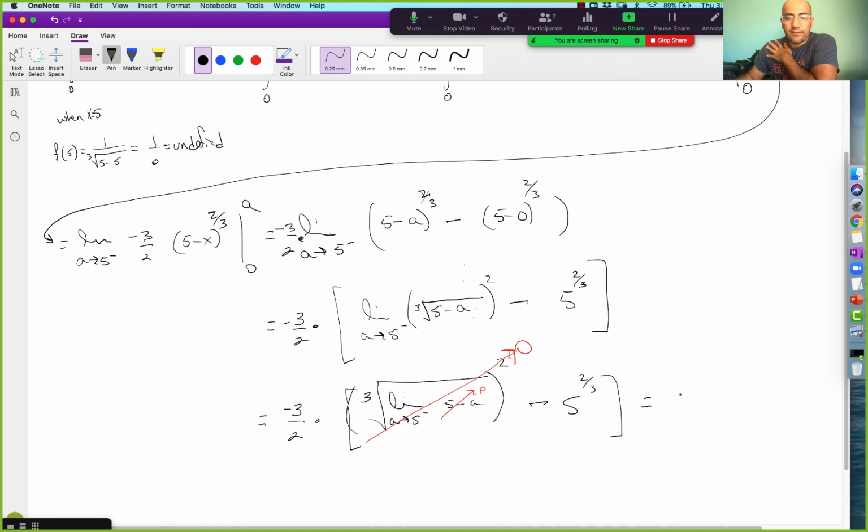So our final answer is going to be positive, well, I'll just put them together, -3/2 times -5 to the 2/3 power, and the negatives cancel, so my final answer here is going to be positive 3/2 times 5 to the 2/3 power, which is again some constant. So we've established that this integral converges. Once again, we've got a convergent answer.